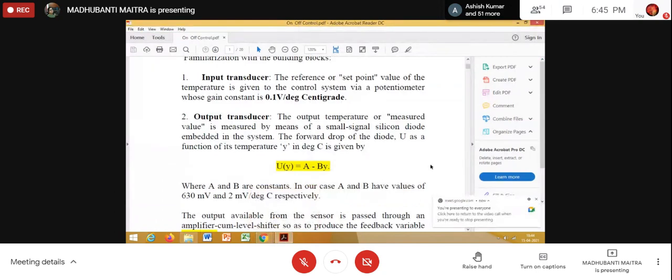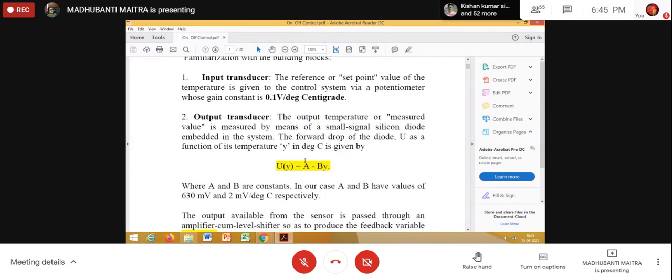So the output temperature or the measured value is measured by means of a small signal silicon diode embedded in the system, right? And here, as a temperature sensor or transducer, we are using this particular silicon diode. Why? Because if we pass constant current through this particular sensor diode, we call it a sensor diode, right?